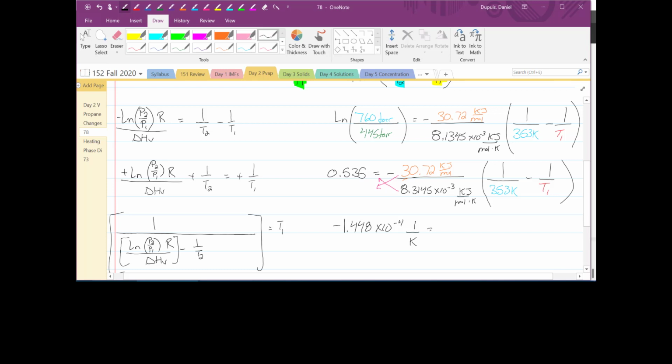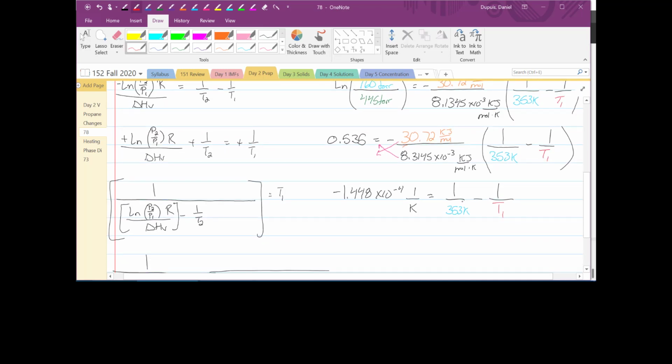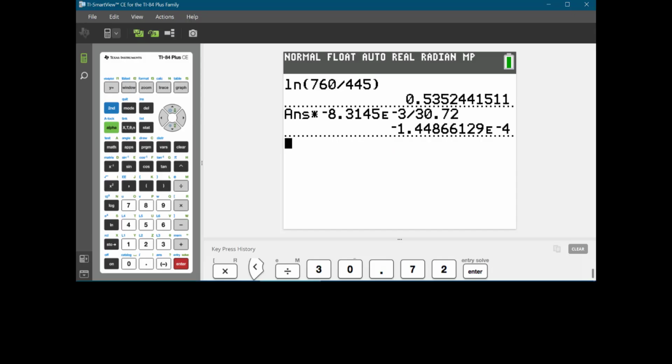Alright, equals 1 over 353 Kelvin minus 1 over T1. Okay. Now I have to subtract 1 over 353 Kelvin from both sides. So if I subtract, I would just minus 1 divided by 353 Kelvin.